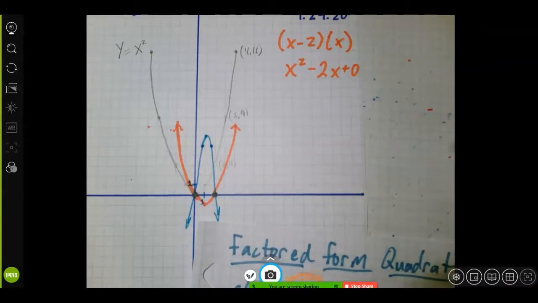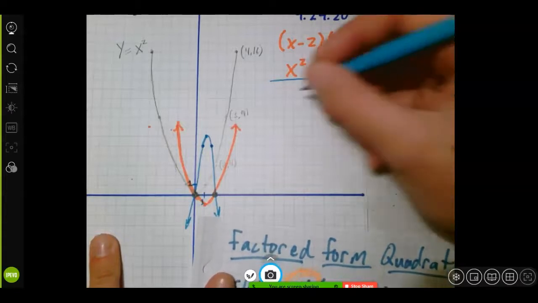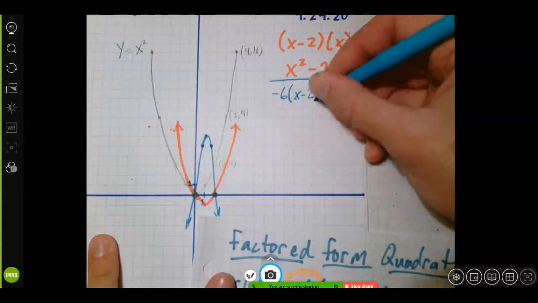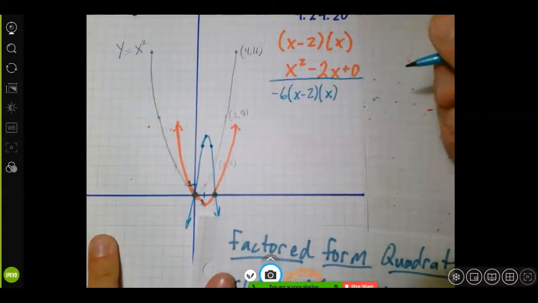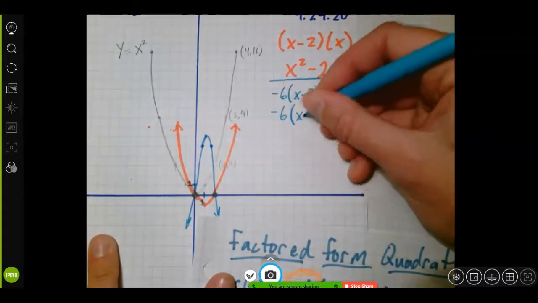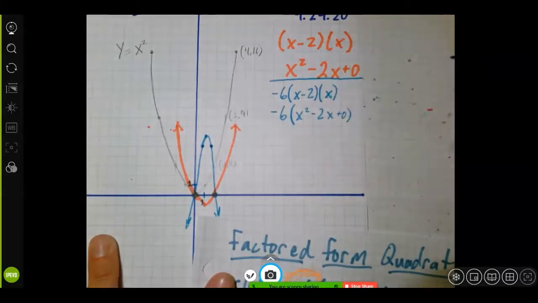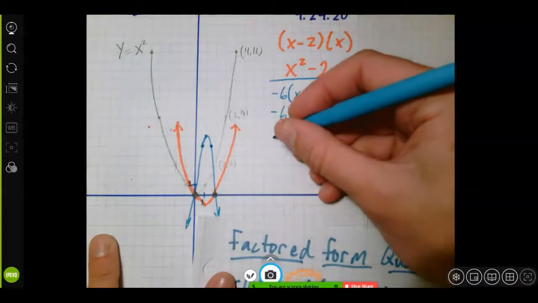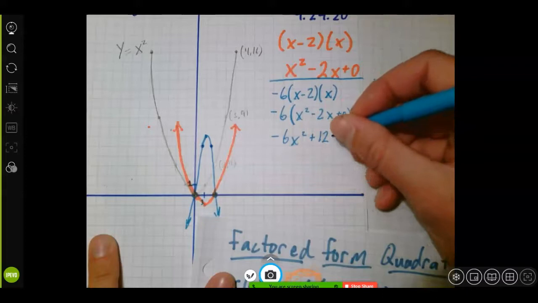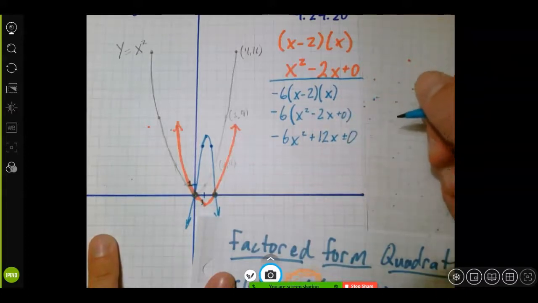Our blue graph on this page came from negative 6 times x minus 2 times x, or negative 6 times x squared minus 2x, and we could write plus 0 if we wanted. Or we could write this as negative 6x squared plus 12x if we wanted to. Plus or minus 0, we don't really need to.